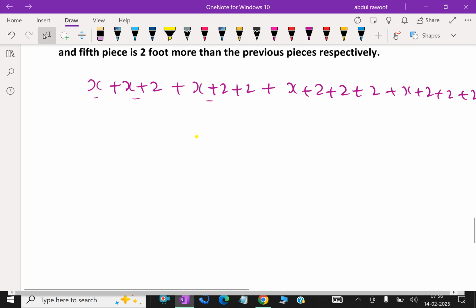Now simplifying, x plus x plus x plus x plus x is 5x.